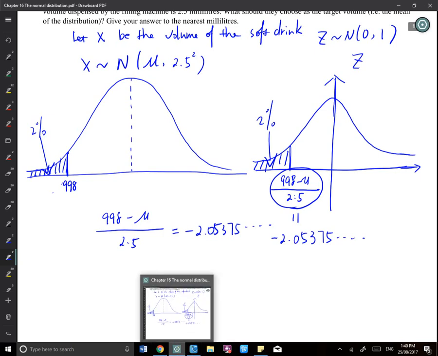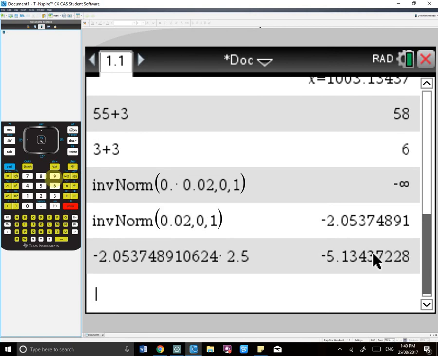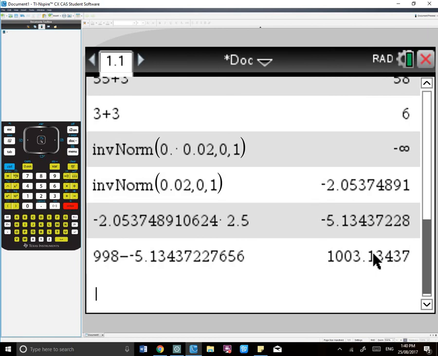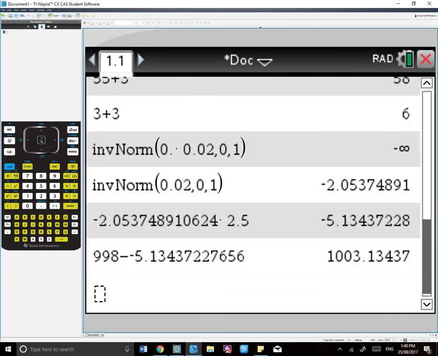Multiply that by 2.5, and then use 998 minus that. That gives you this value, the same as what we solved when we used the calculator: 1003.134. It's exactly the same value.